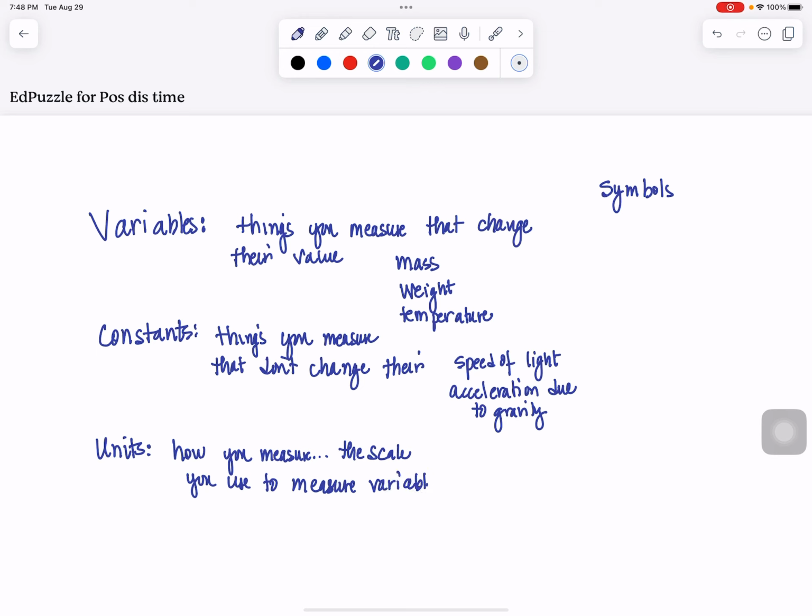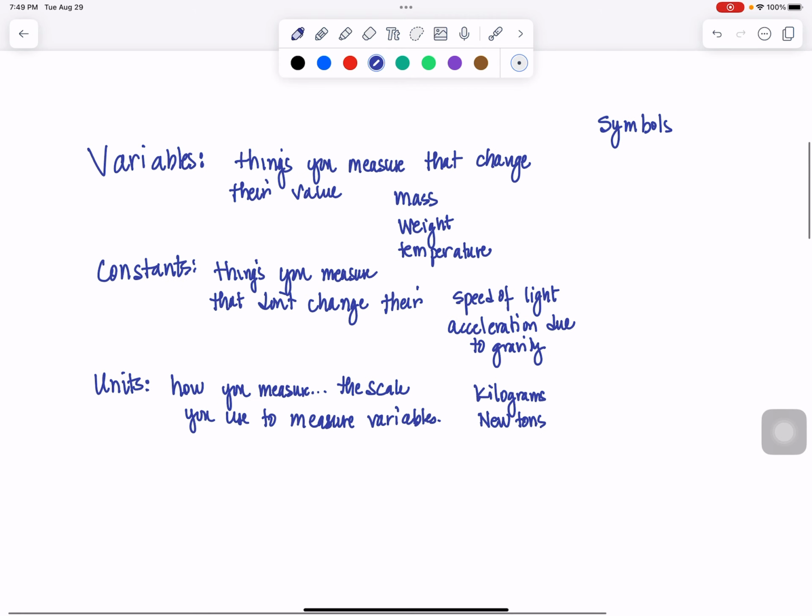And so examples of this: mass is measured in kilograms. Weight is measured in newtons. And temperature is measured either in Celsius or Kelvin.